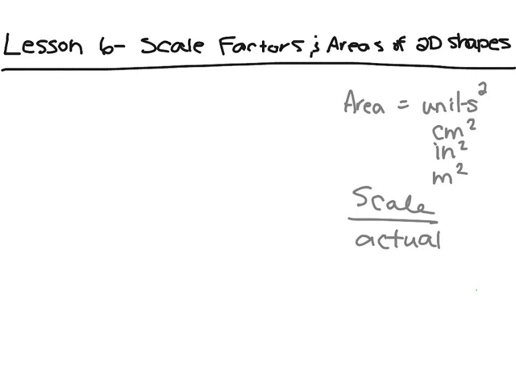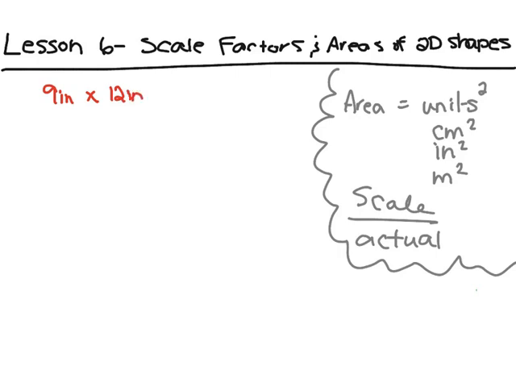Okay, example 2. The screen of a laptop is 9 inches by 12 inches. The screen is projected on the whiteboard and has an area of 2,836.6875 inches squared.